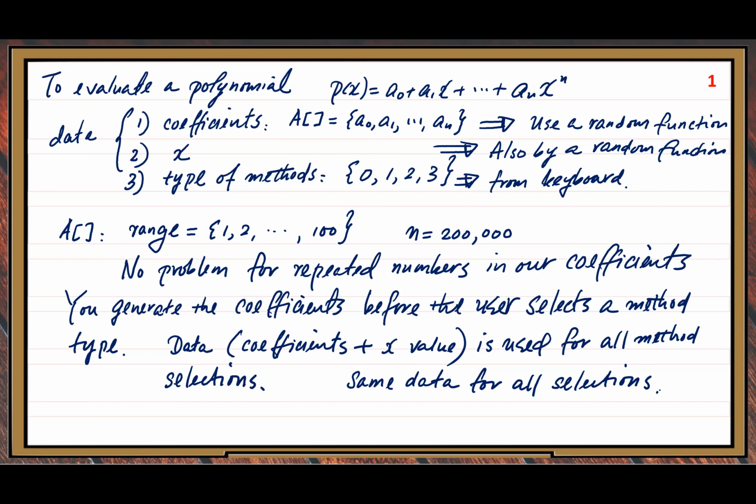In that way, you can do comparison, right? Your data keeps the same for all experiments. Then you expect to produce the same result. So we expect all those methods to produce the same result.